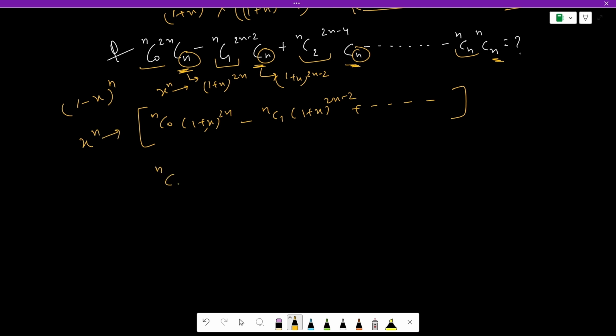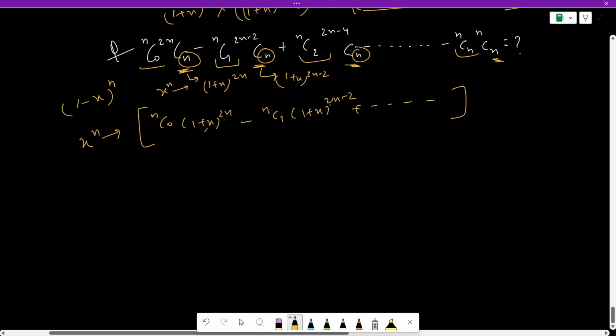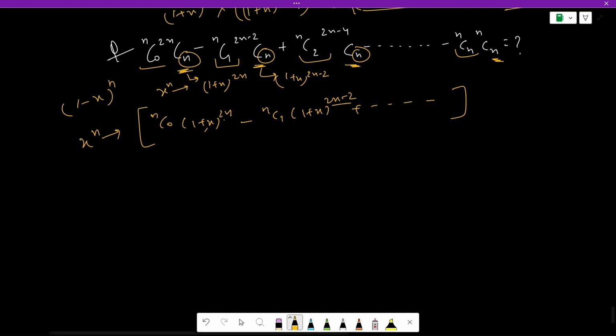Now here what we need is the power should be either increasing or decreasing, and they should be continuous, but here we have a difference of 2 in all of them, and also they all are even, so we can take 2 common out. This is (n minus 1) into 2, right? All of them will have 2 common out.